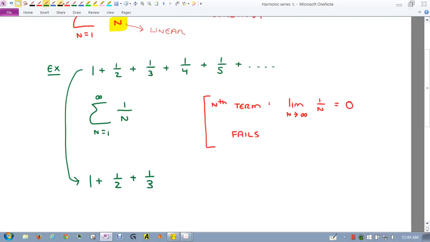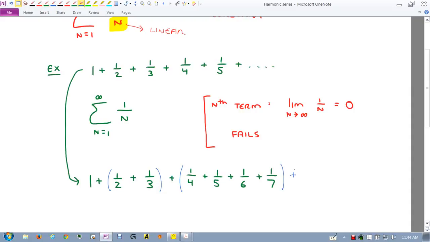What I'm going to do is clump these two together. Then I would like to clump the next 4 together. The next 4 would be 1/4 plus 1/5 plus 1/6 plus 1/7, right?